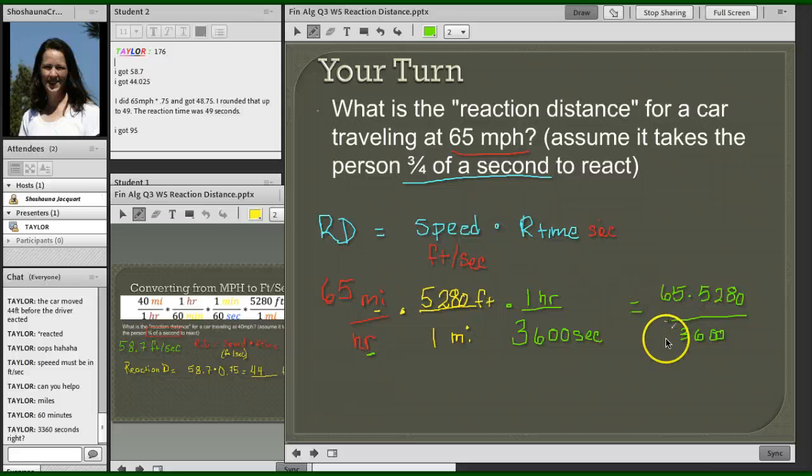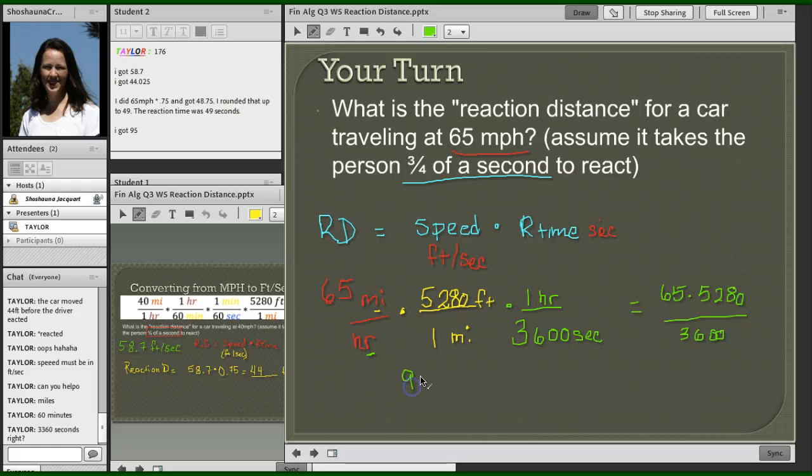Shoot, gotta get a little better than that. This time I'm going to care that it's 95.3, because a third of a foot is 4 inches. So this is feet per second.